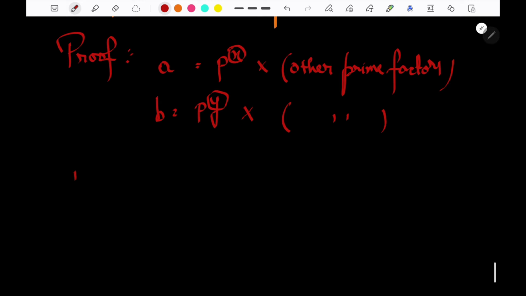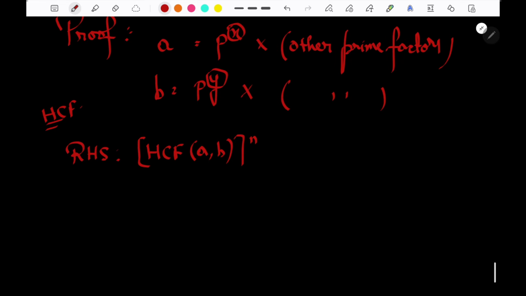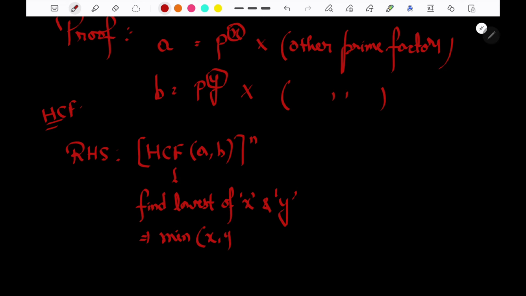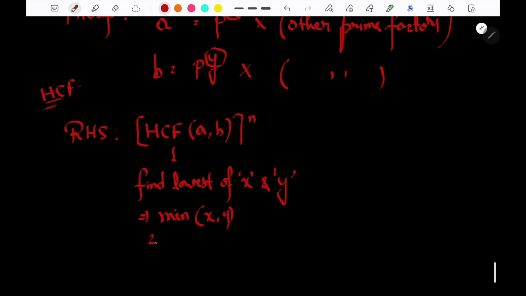Now, I am talking of HCF. What was the RHS? RHS was HCF of (a, b) raised to power n. It means first find the lowest of x and y, which are the exponents, that is, the minimum of x comma y, and then raise the HCF to power n.